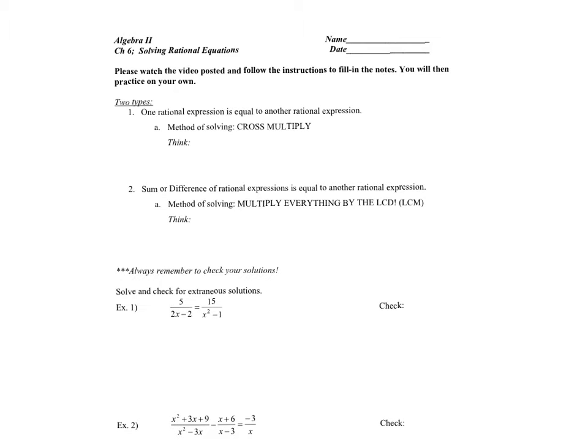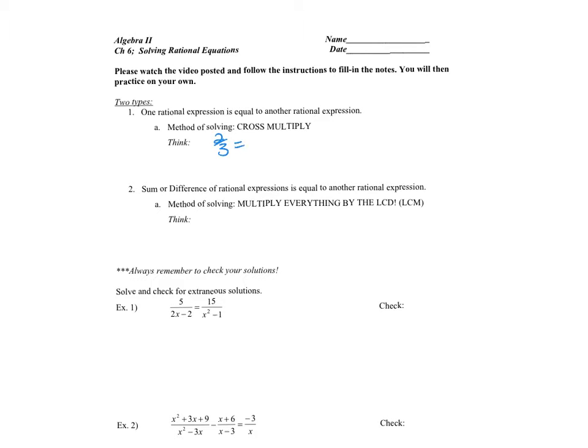That way we can apply that knowledge to solving the rational equations. So the first type that we're going to see is when one rational expression is equal to another rational expression. So you have one fraction basically equal to another. The method to solve this is to cross multiply. Think about simple fractions.